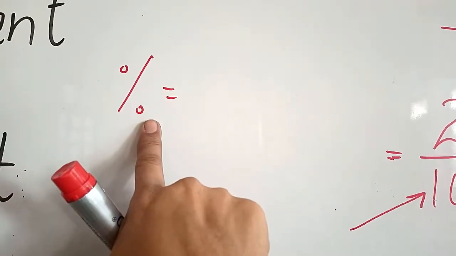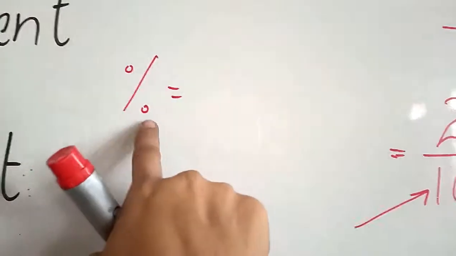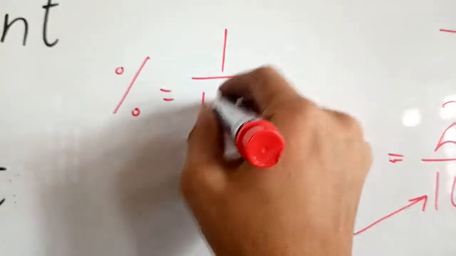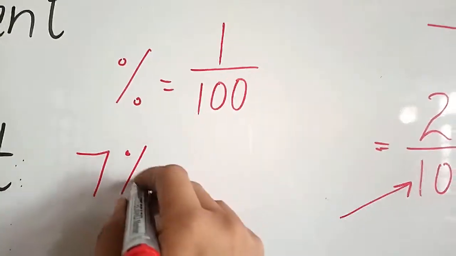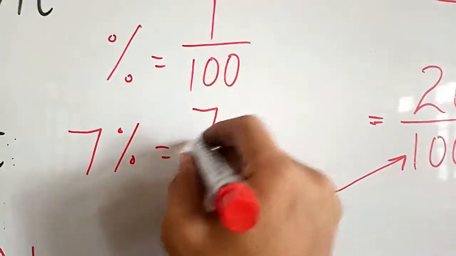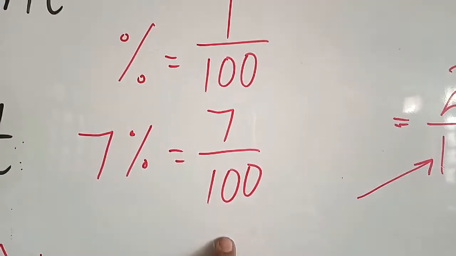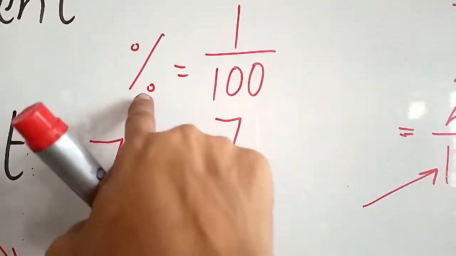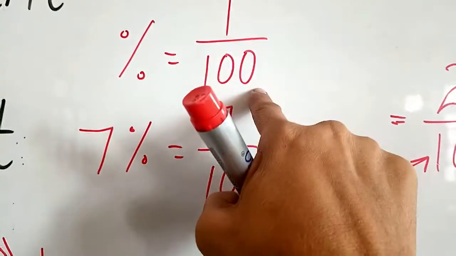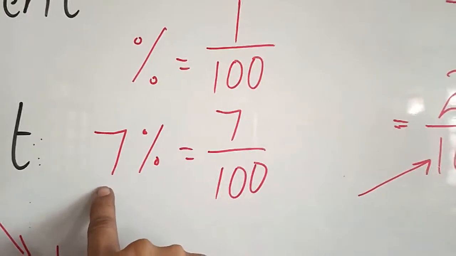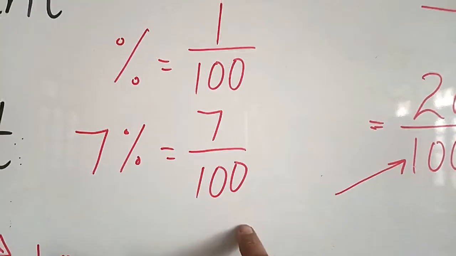It is called the percentage symbol, and this symbol means out of 100. Suppose if you are having 7%, it will be equal to 7 by 100. Just keep this in your mind. Whenever you have this symbol, it shows the thing out of 100. If we are having 7%, then it is equal to 7 by 100.